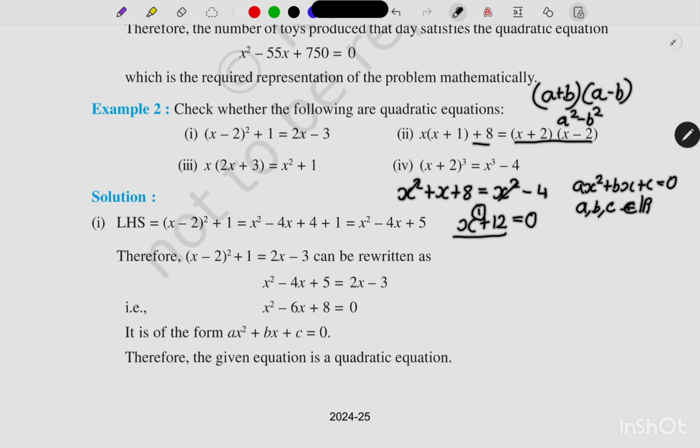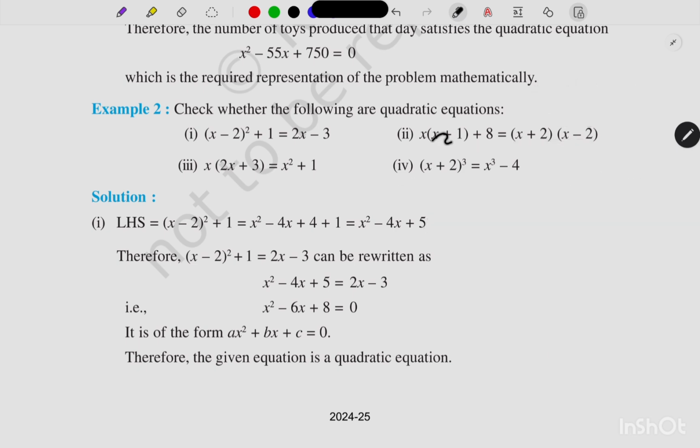You will come to learn about this language if you are taking maths in 11th. And a not equal to 0. But here a is 0. If a is 0, then this term will get cancelled out and we will get this. Got it? So this one, it's not quadratic.